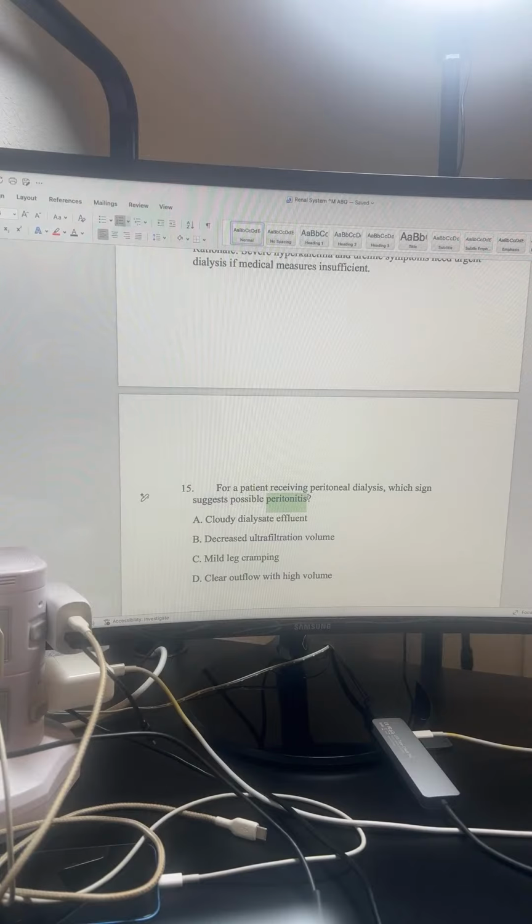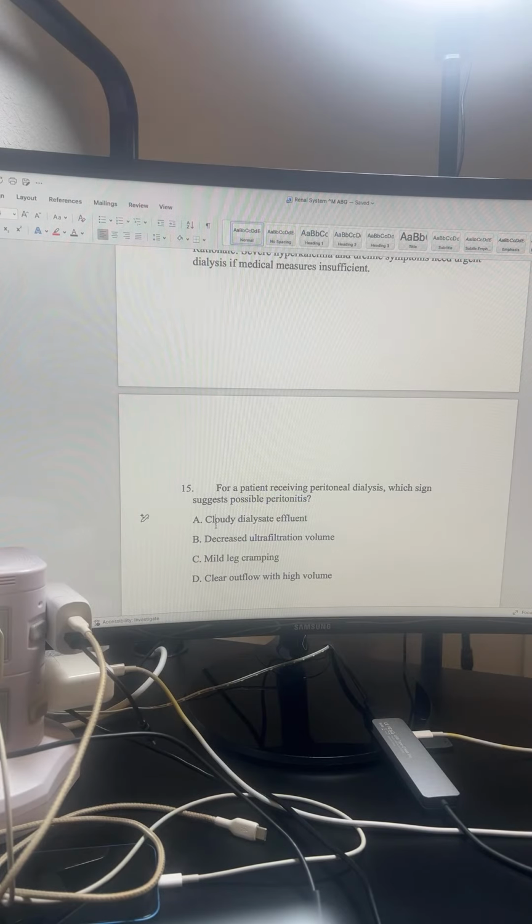Inflammation of the peritoneal cavity, peritoneum infection, nice. So for the patient receiving peritoneal dialysis, which finding is suggestive of possible peritonitis?